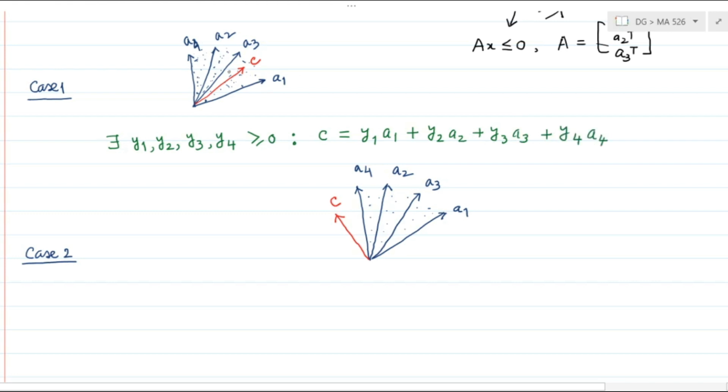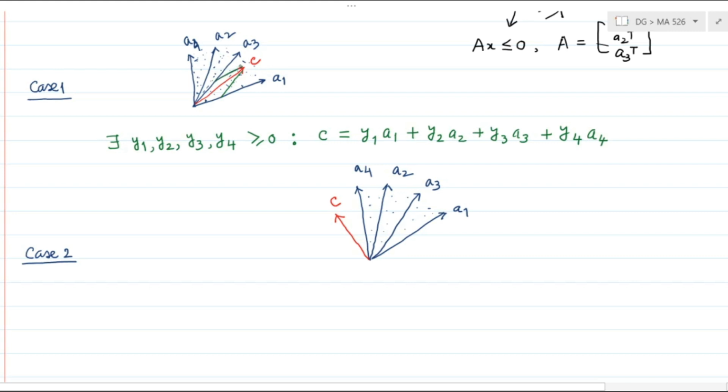How? We know that if C is in this direction, then we can draw a parallelogram in the following manner: you can draw a line parallel to A3 from C, and here you also construct a line parallel to A1.